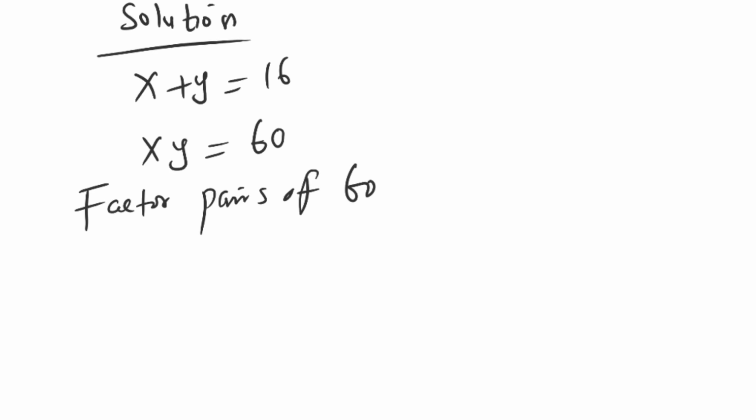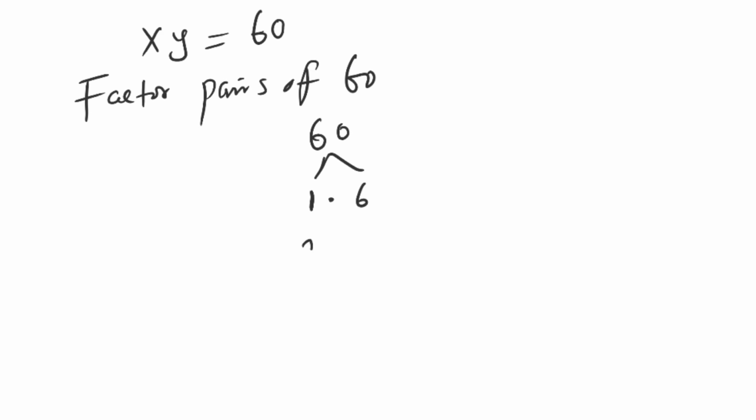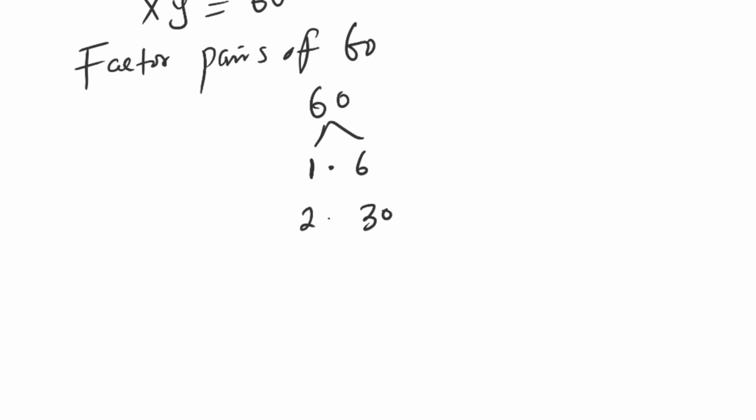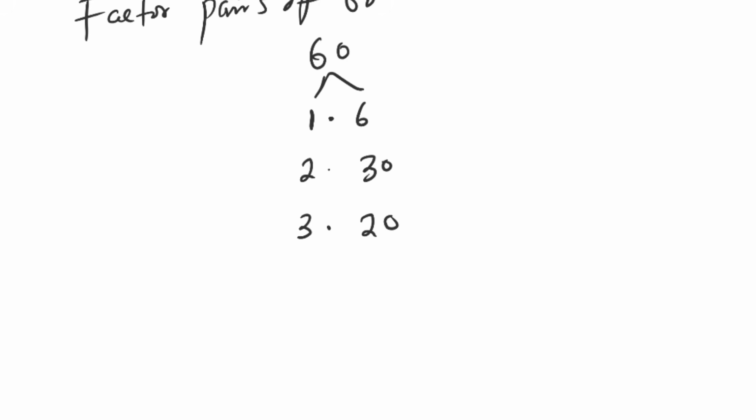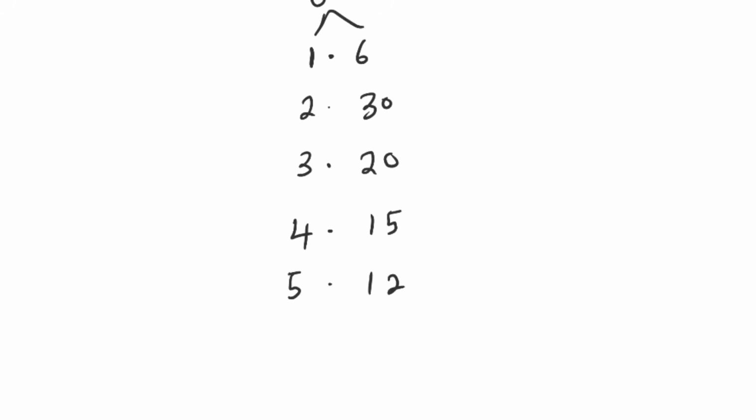That is, 60 is equal to 1 multiplied by 60, then 2 multiplied by 30, 3 multiplied by 20, 4 multiplied by 15, 5 multiplied by 12, and 6 multiplied by 10.